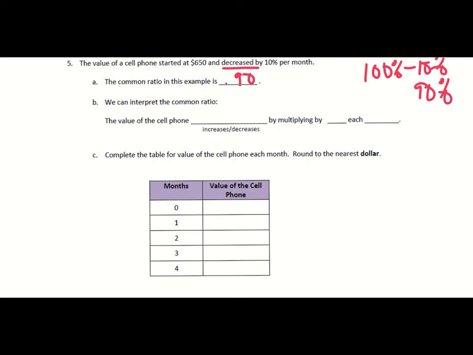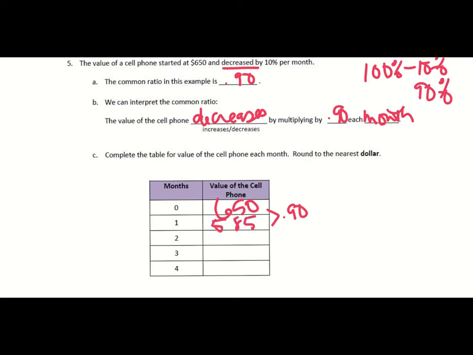We can interpret this: the value of the phone decreases by multiplying by 0.90 each month. So I'm going to multiply, rounding to the nearest dollar. I'm going to start with 650 and multiply by 0.90. So 650 times 0.90 is 585.